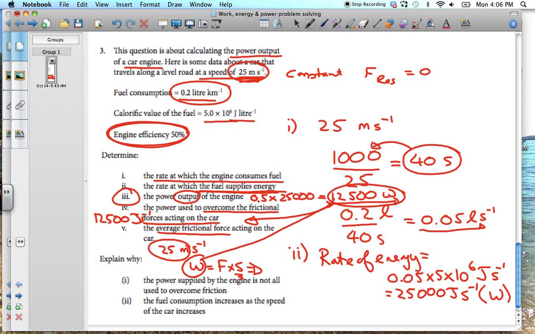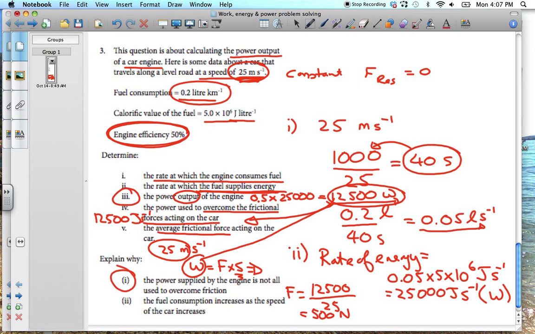So the force would equal 12,500 divided by the 25 meters. So we divide by 25, and we get a frictional force of 500 newtons acting on it.